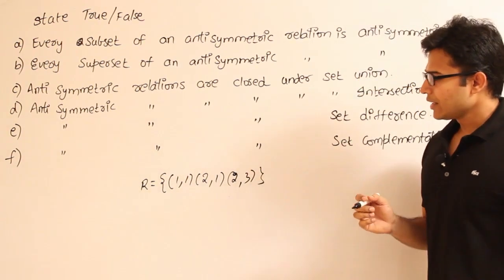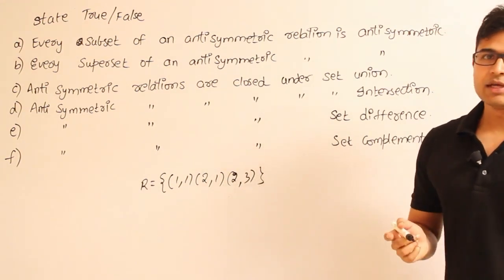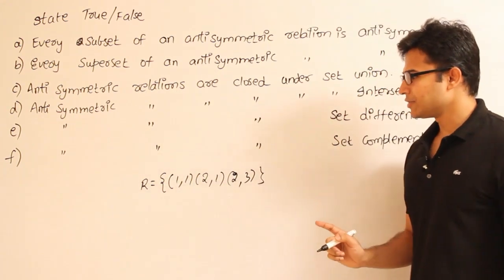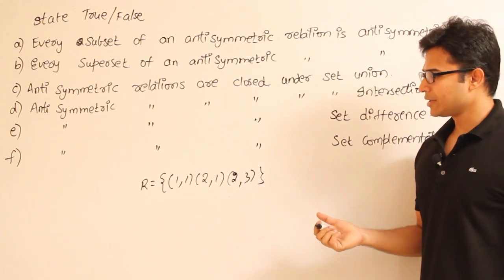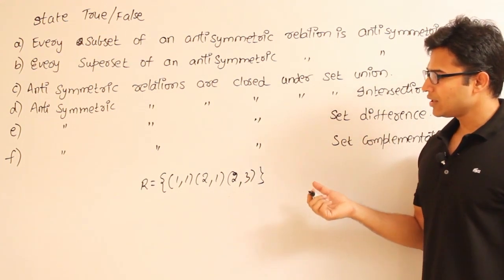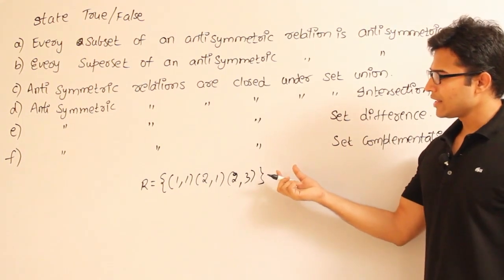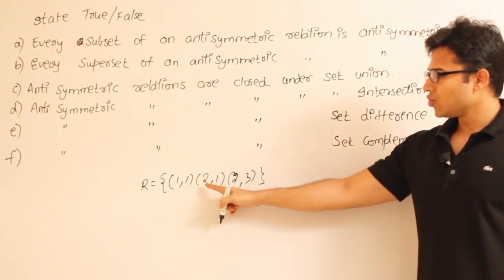Now if I take a subset of this, subset means they are just deleting some of them. So if you delete some of the elements from an antisymmetric relation, the resulting relation will also happen to be antisymmetric. The only reason it may not be antisymmetric is if you try to add some elements which will make a symmetric pair, like you have 2 comma 1.